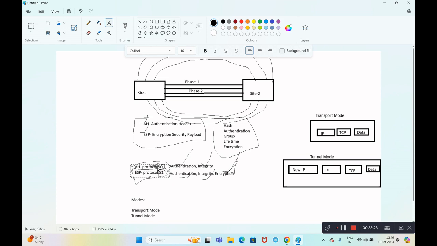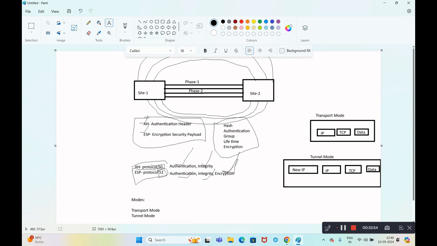AH and ESP don't have ports; they have protocol numbers. Whatever protocols we use in networking, they don't have ports. NAT is port based: it is port address translation as well as IP address translation.